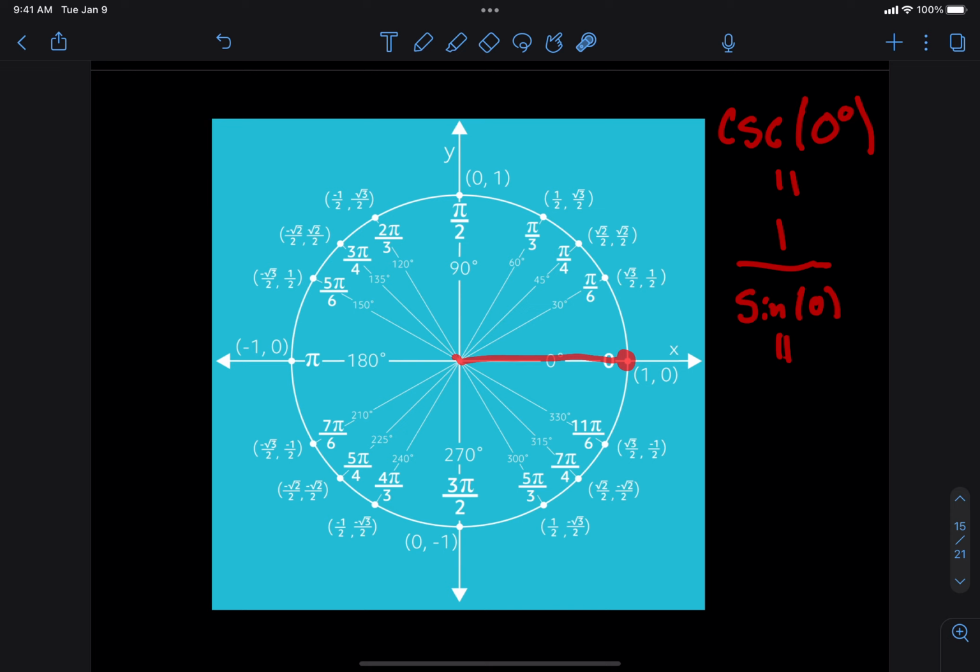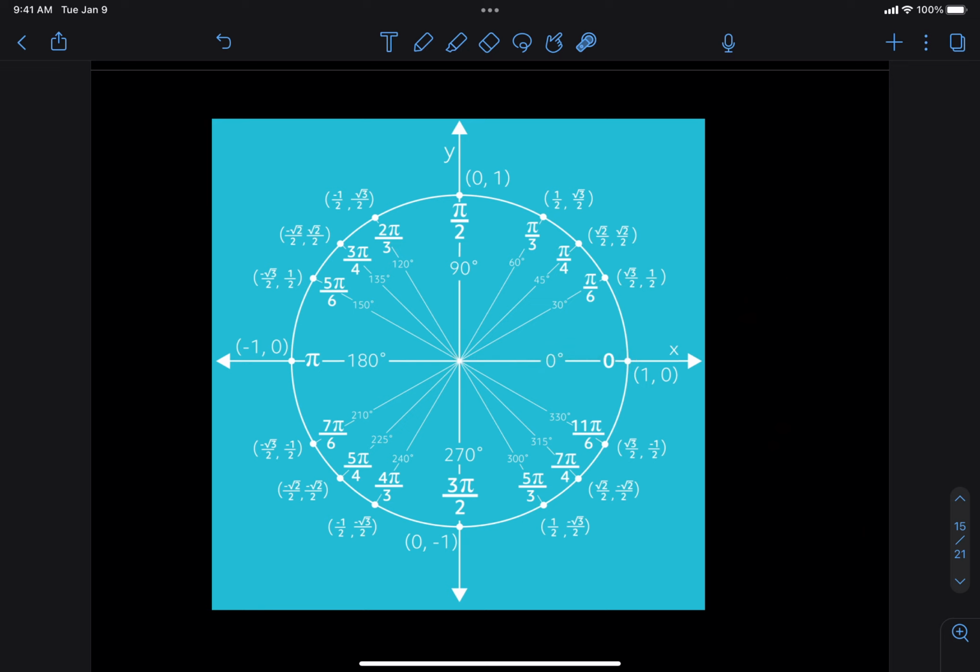The y value for sine. So what would I get? 1 divided by 0. Uh-oh. So there's some times where I can't actually do this. So we would say cosecant of 0 is undefined.